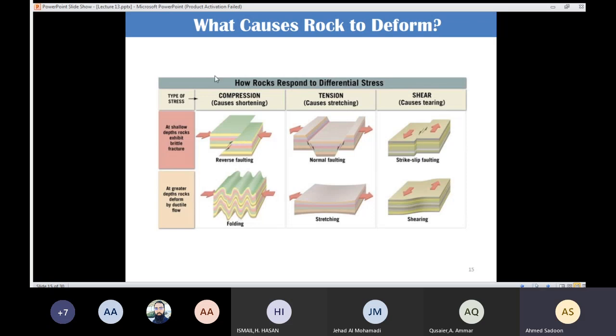Column number 1 represents the compressional stresses. Column number 2 represents the tensional stresses. And column number 3 represents the shear stresses. Row number 1 represents the brittle behavior. Row number 2 represents the ductile behavior. And as you can see, you are going to have different types of deformation. Also, we discussed this last time.